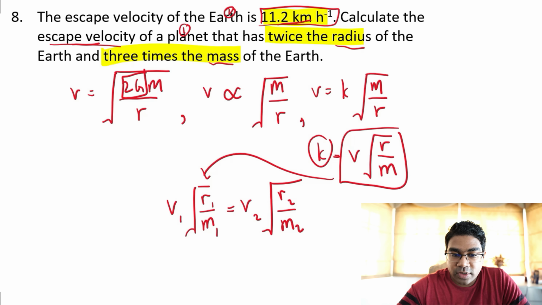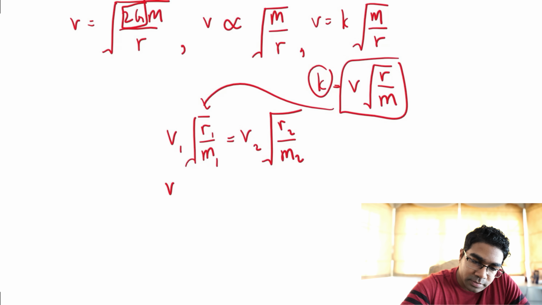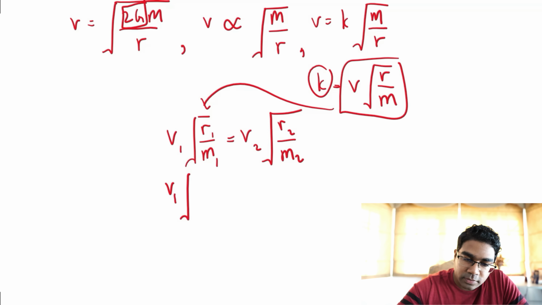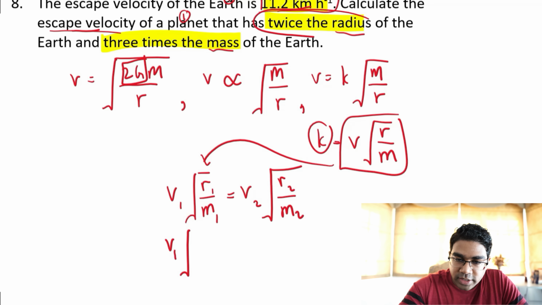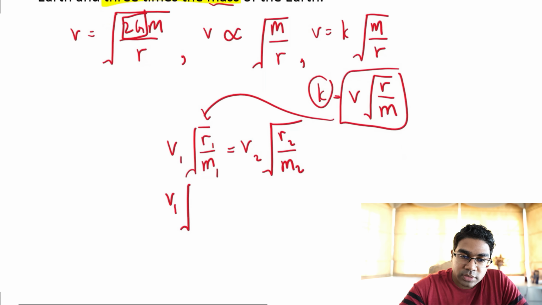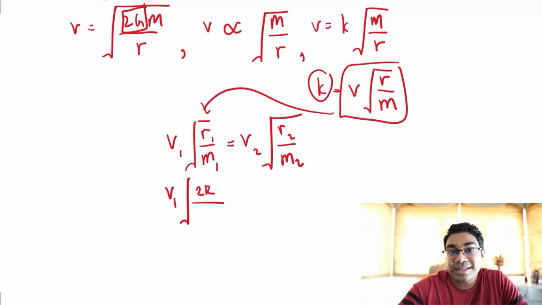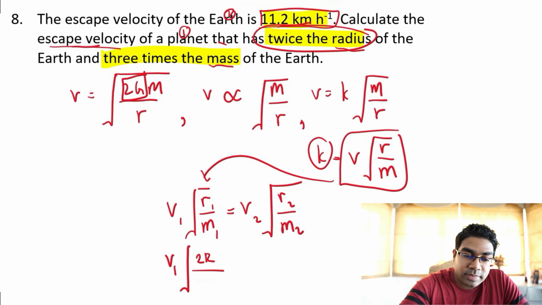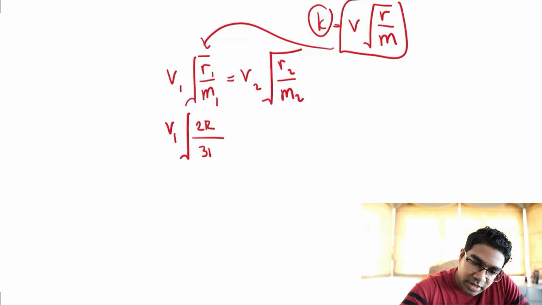So the escape velocity of the planet is what we want to find. So we have V1 here. Square root of, what is the radius of the new planet? The radius of the new planet is twice the radius of the Earth. So let's put that as 2R, R being the radius of the Earth. And then it is 3 times the mass of the Earth. So let's put that as 3M, M being the mass of the Earth.